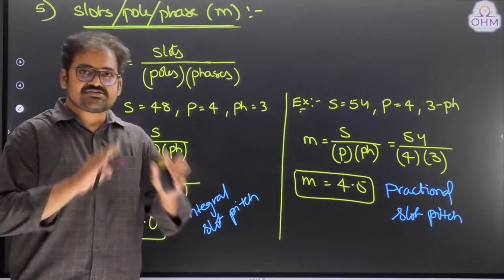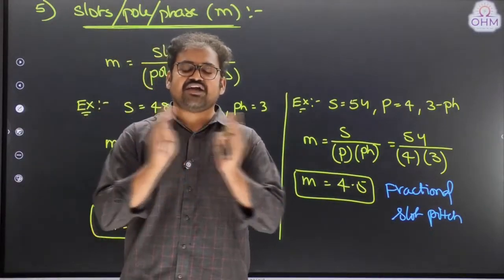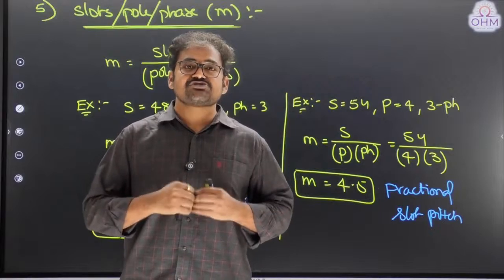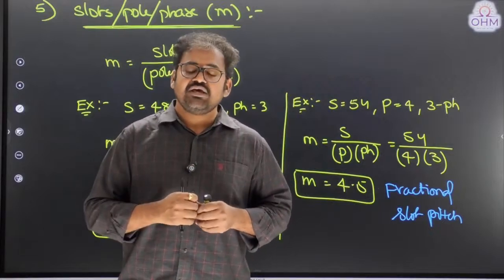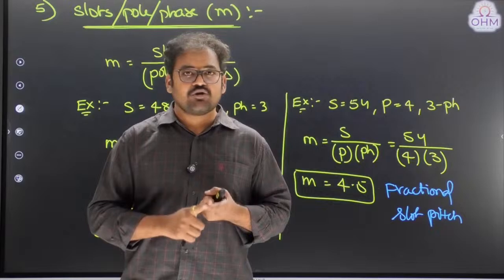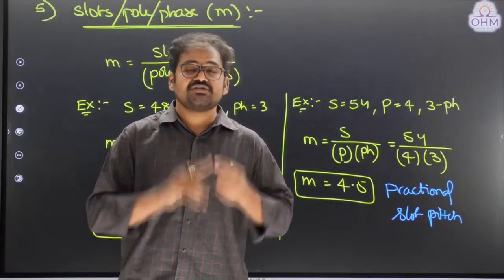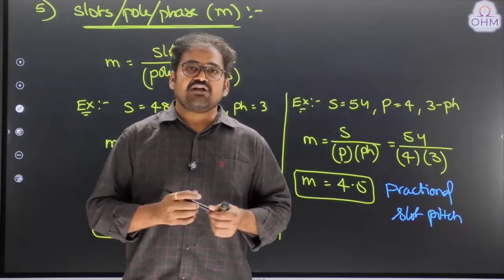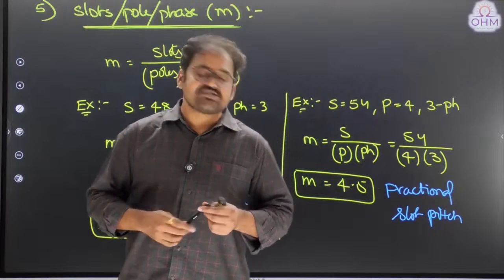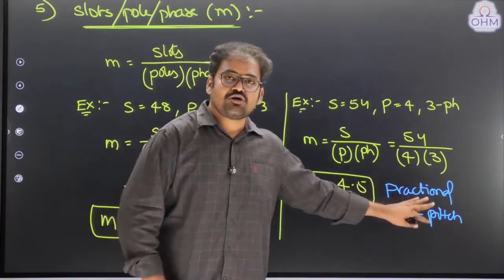Whether it is integral slot pitch or fractional slot pitch, we decide based on the value of M. If M is an integer, it is integral slot pitch winding. If M is a fraction, it is fractional slot pitch winding. Which winding do we generally use? We always use fractional slot pitch winding.